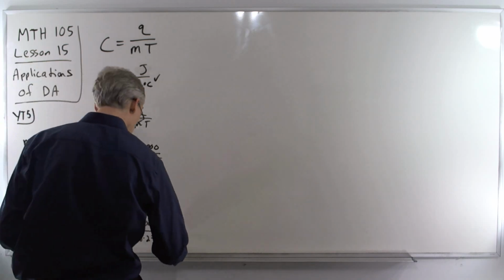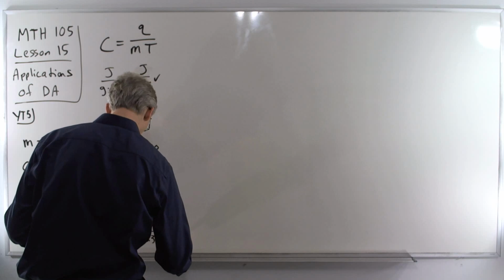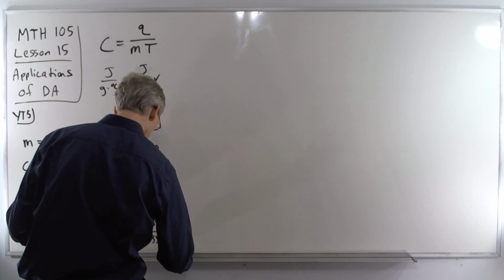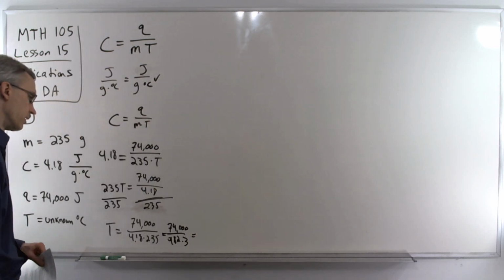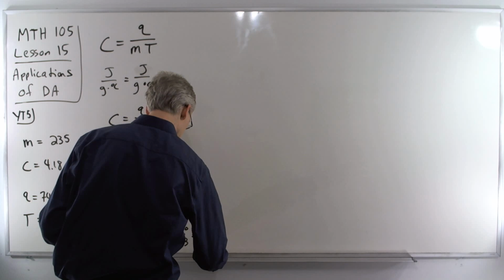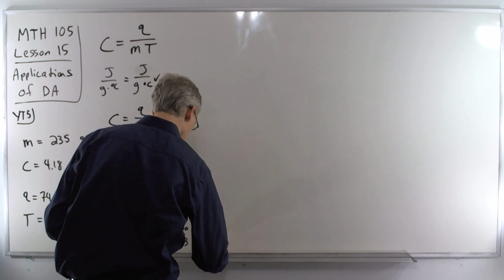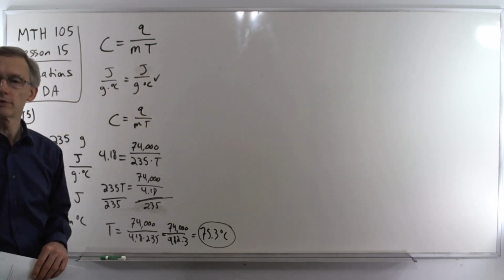Right, that gives us 74,000 over 982.3. And we divide that out, we get 75.3 degrees Celsius. So the temperature of the water changes by 75.3 degrees Celsius.